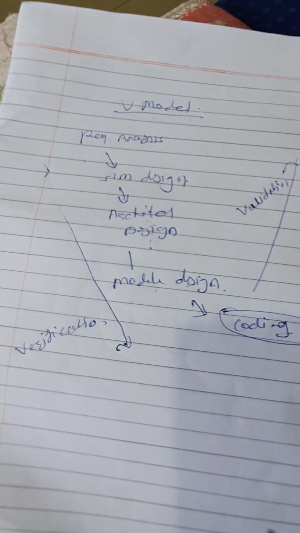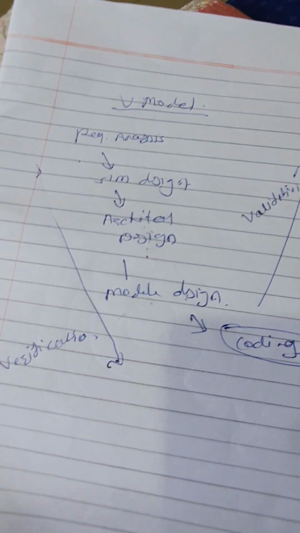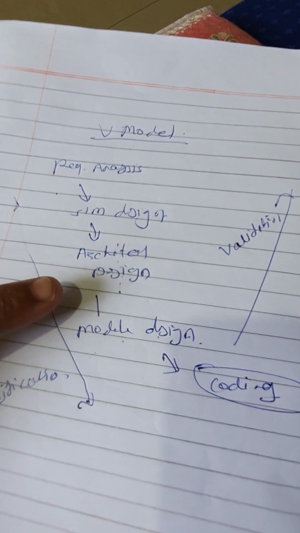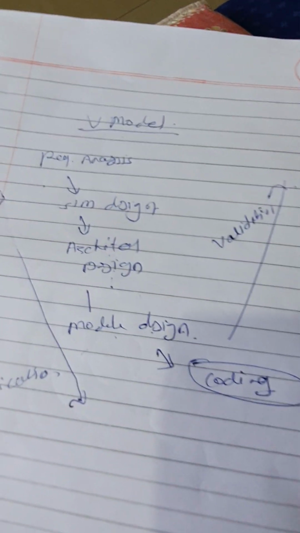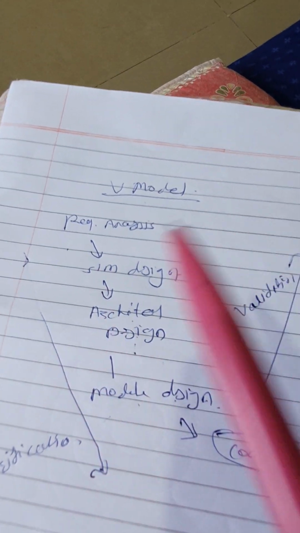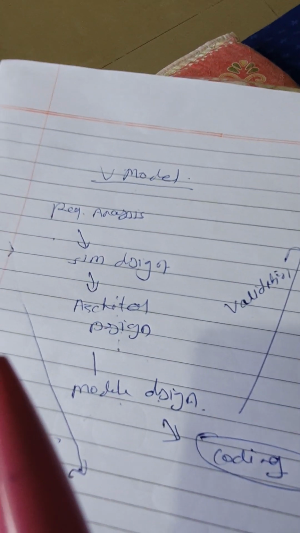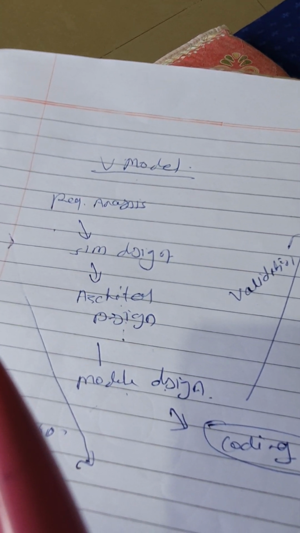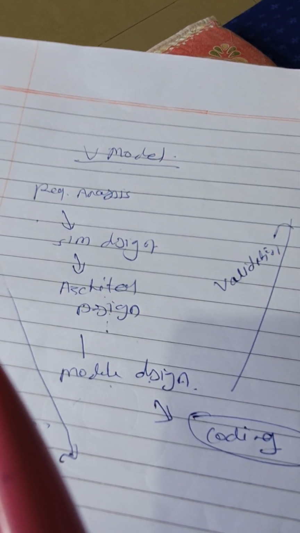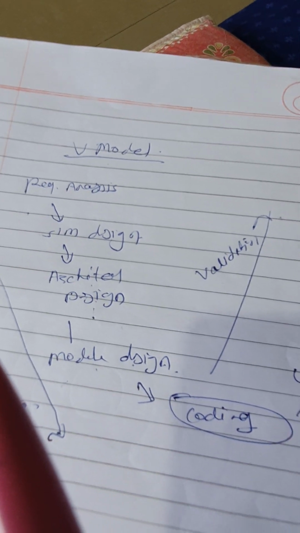In the verification phase, the first part is requirement analysis, the second is system design, the third is architecture design, and the last one is module design. These four parts come under verification. Requirement analysis is the first phase of development, where the software requirements are understood from the customer's point of view.